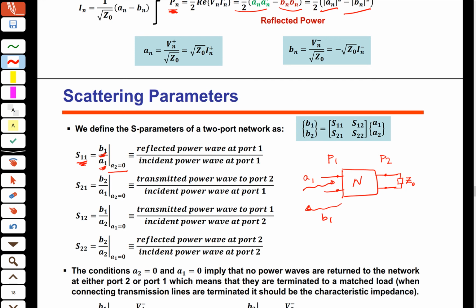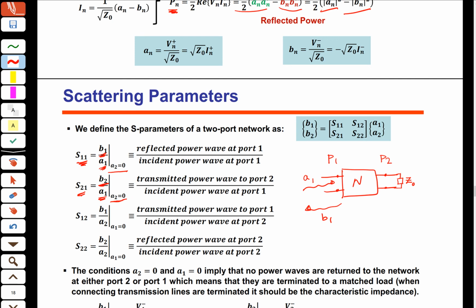So this is port 1, and this is port 2. And then we define, for example, S21: how much power we receive at port 2 when we transmit something at port 1. And then we say that again A2 equals 0, I mean no power is coming.